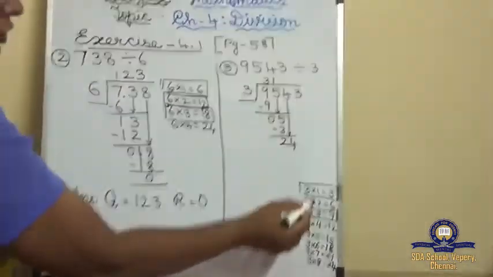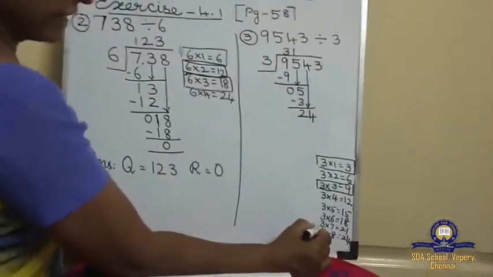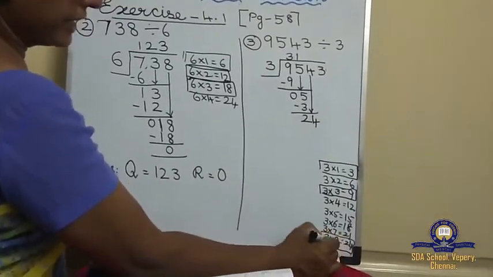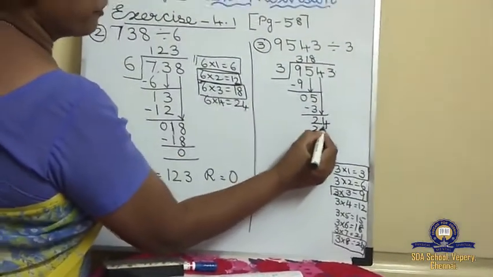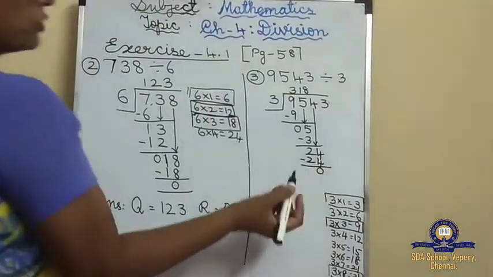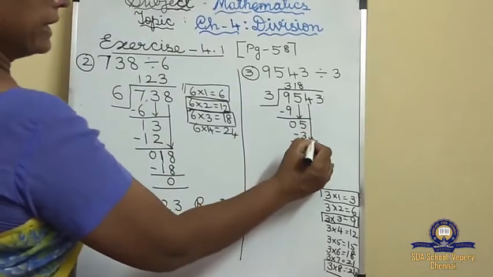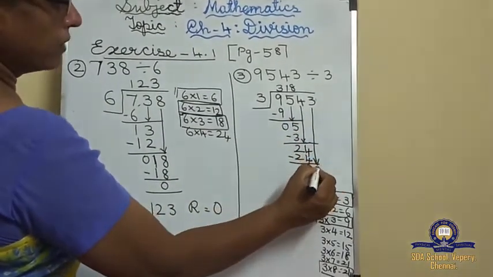Okay, does 24 go in the 3 table? Yes. 3 8s are 24. So 24 minus 24? 0. So the remaining number is 3.